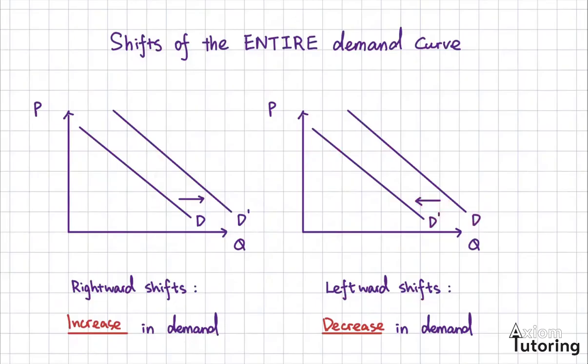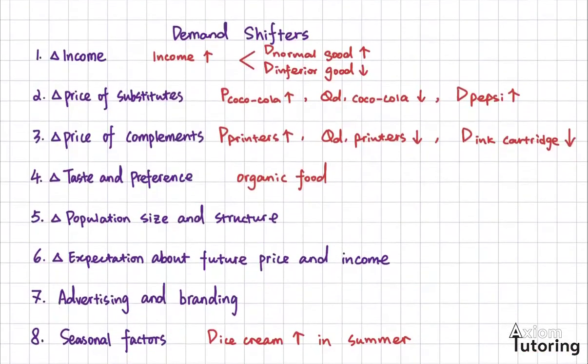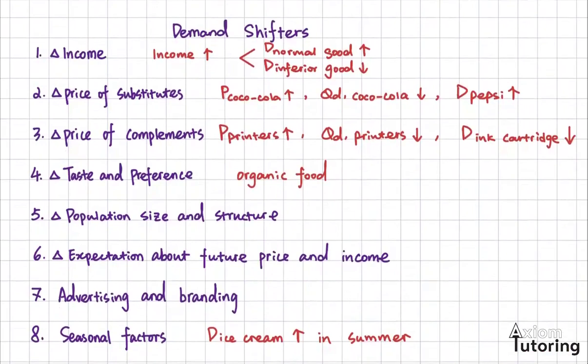Shifts happen because of changes in non-price determinants, and this is the most examined part under demand. A-level expects you to know the main factors that shift demand. Let's go through them one by one.